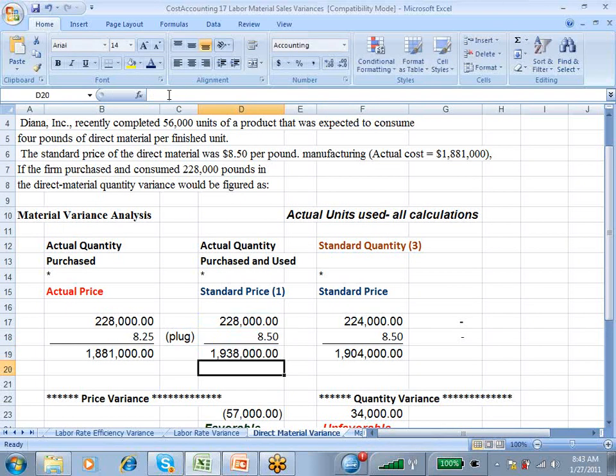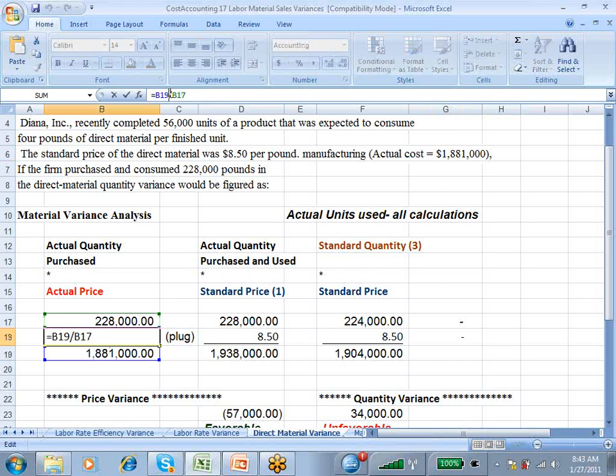Multiply down, 1,938,000. This number was actually given in the question. Now the one number that you're not given is actual price in red. We're given the actual quantity, 228,000. We're told the total actual cost, 1,881,000. We have to plug this figure, which is why I've written it in parentheses.